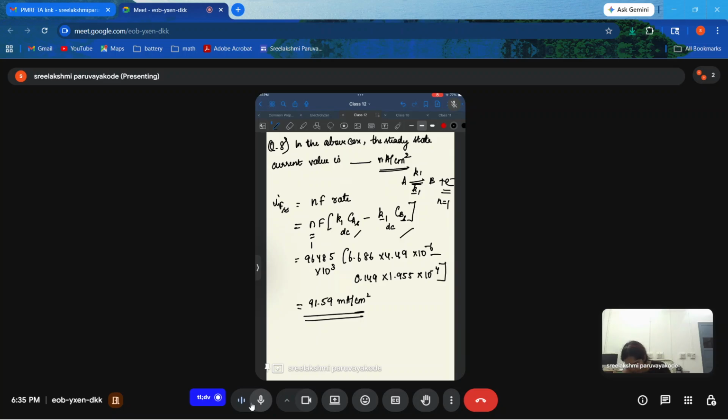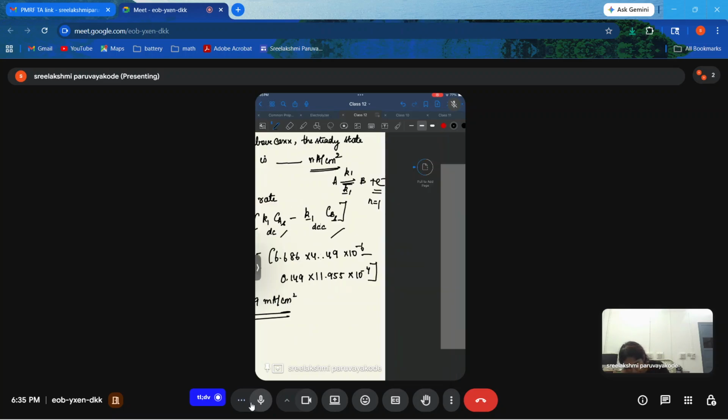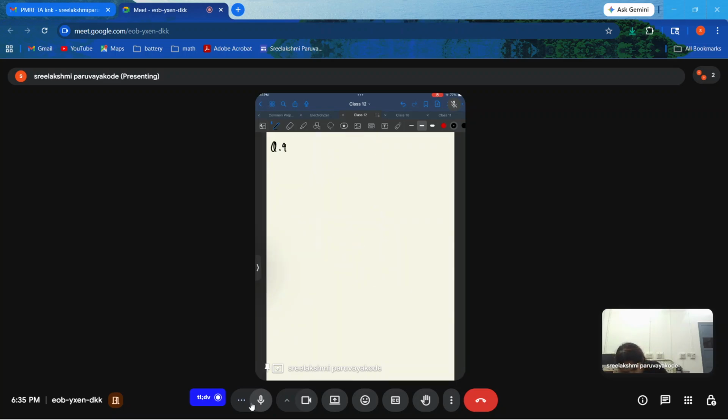Now the next question, question number 9. In the above case, this charge transfer resistance is dash ohm centimeter square.